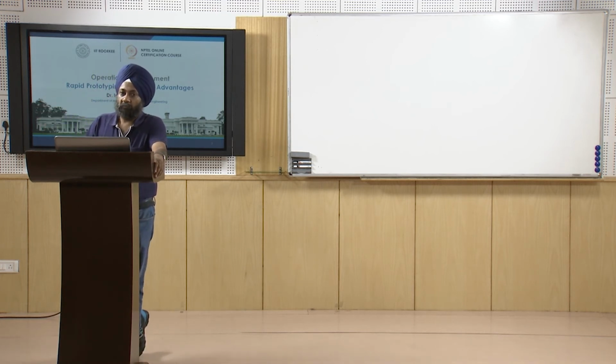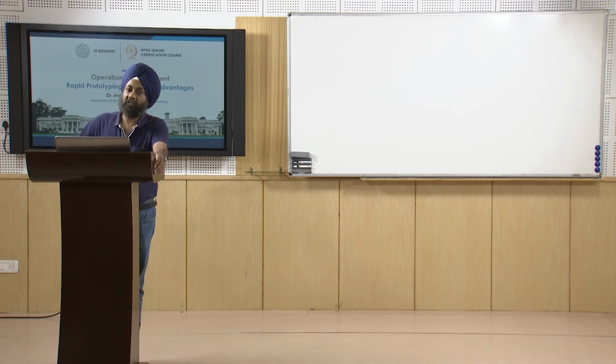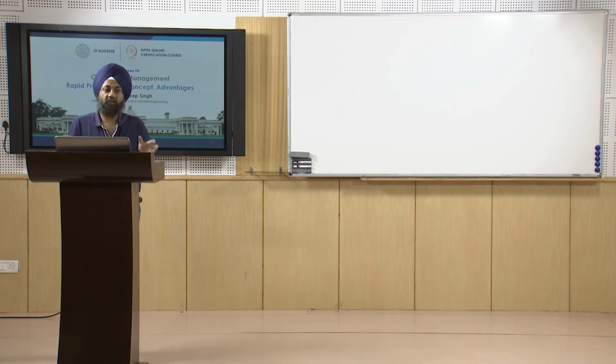And finally, if you can read on your screen, this box type of arrangement here is a rapid prototyping system. It can be any machine: a 3D printing machine, a stereolithography apparatus, a selective laser sintering setup, or a laminated object manufacturing machine. This is the RP system. Before using the RP system, we have to do all these calculations.